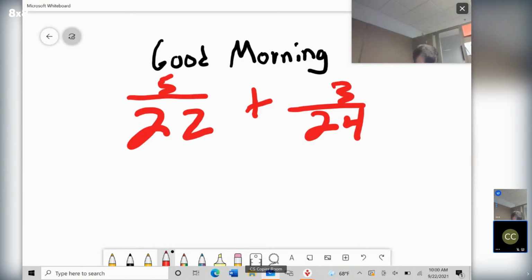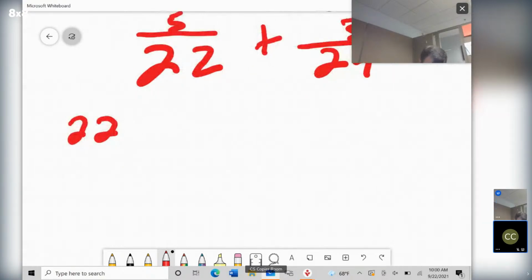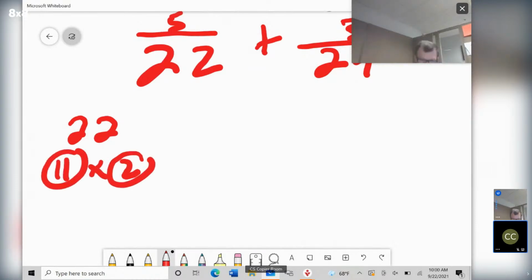So let's start with 22. If we break 22 down, we're going to have 11 times 2. Both those are prime numbers. Then we're going to have 24.